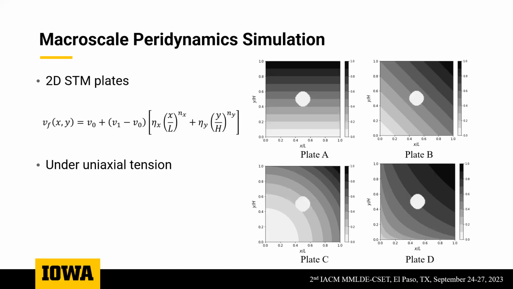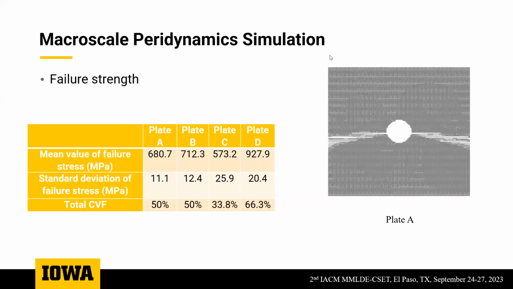For the two-dimensional case, again we have two-dimensional plates with a central hole, and we consider uniaxial tension. The volume fraction distribution is two-dimensional, with 4 different distributions, so we have plates A, B, C, D. For those 4 different cases, the volume fraction is different, and the total ceramic volume fraction is different as well.